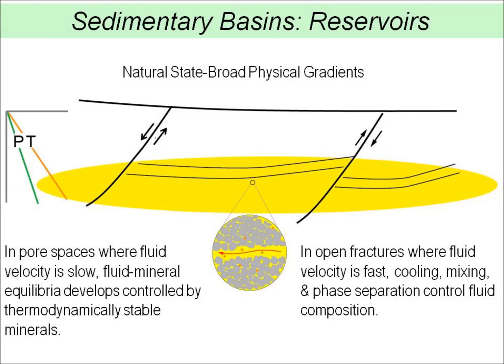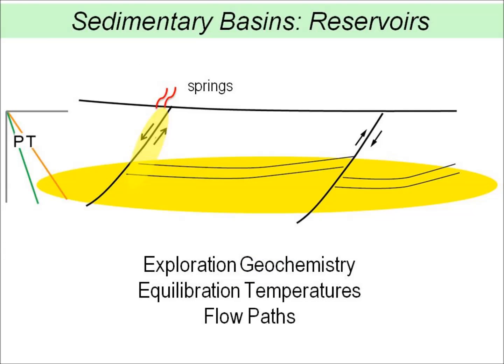Once the fluid moves into an open space, and if there's a pressure gradient, it can move relatively fast, and there's greater likelihood that physical processes, some cooling, mixing, or phase separation, will become more important in terms of changes in fluid chemistry. So it's just a different context of where fluid chemistry will be important.